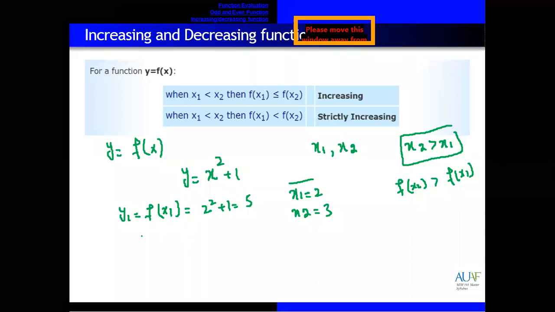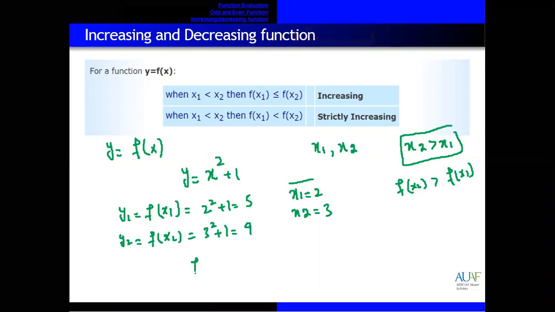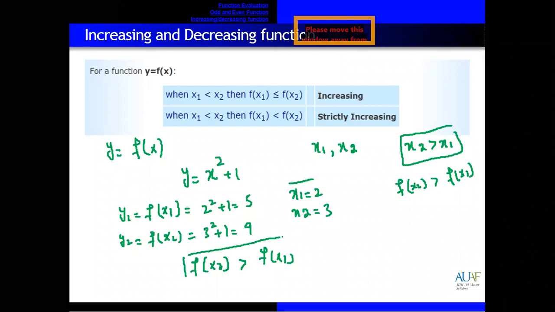Same, if we give the second value, y2 is equal to f of x2, and x2 is 3, so 3 square plus 1, and 3 square is 9, plus 1 equal to 10. You can see here that f of x2 is greater than f of x1. So this means that this function is an increasing function.